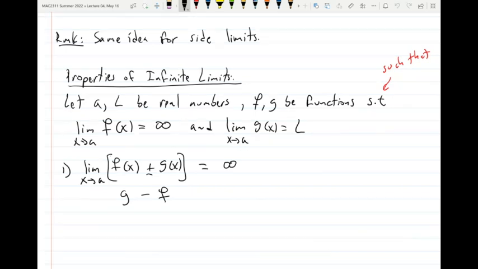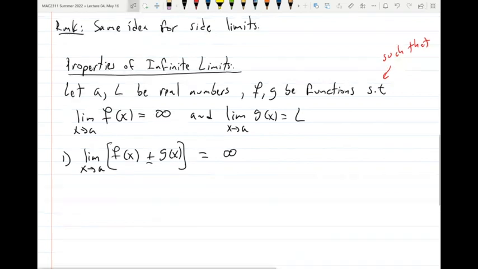And are you adding or subtracting? There may be a slight change in the sign of the infinity that you have. But the point is that if one of the functions is infinity, your answer will also be infinity. Is it positive or negative? You have to see the situation that you are in. That's what this property is telling us.